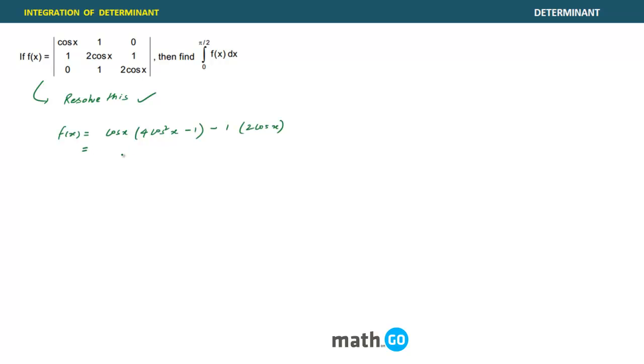So if I solve this, complete, it will become 4 cos cube x, this will be minus cos, and this will be minus 2 cos, so this will be minus 3 cos x, right? And now if you can see this, this is nothing but the formula for cos 3x. So how simplified this question has become. So the determinant was nothing but cos 3x. Now you just have to solve the integral of cos 3x dx from 0 to pi by 2.